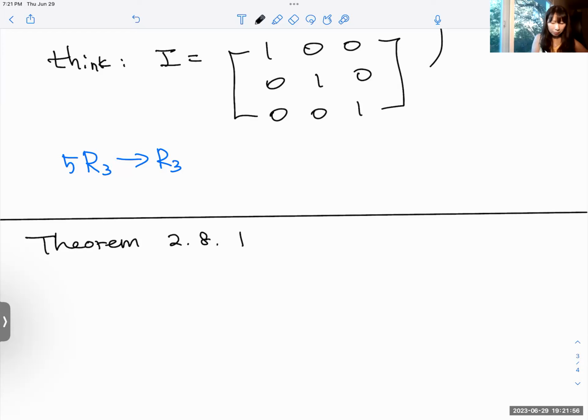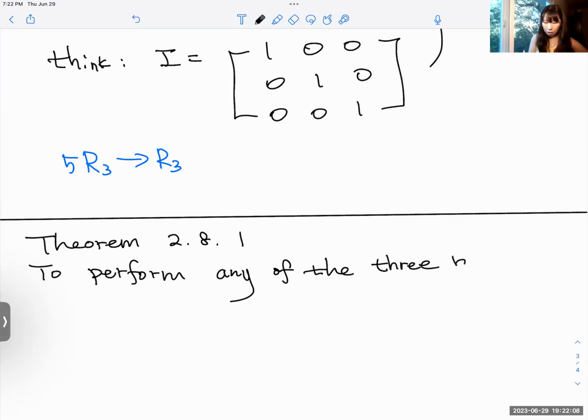To perform any of the 3 row operations, we had the first one, interchange the rows.